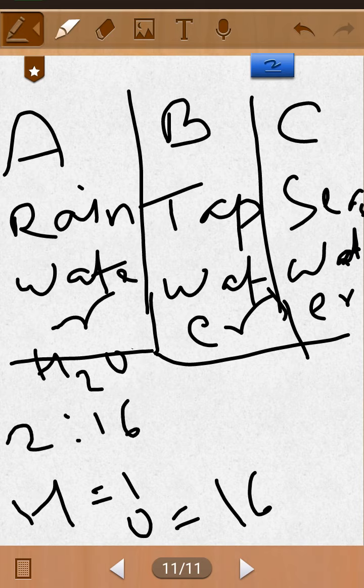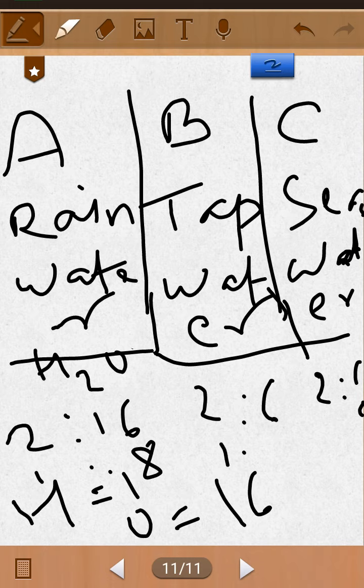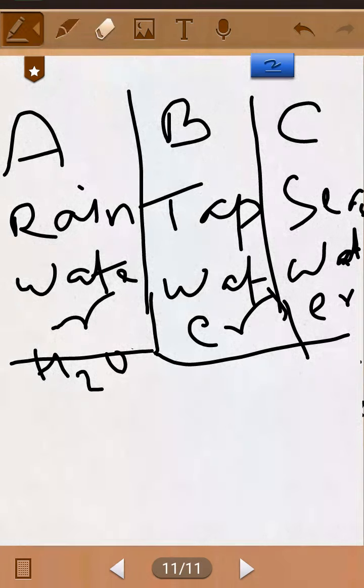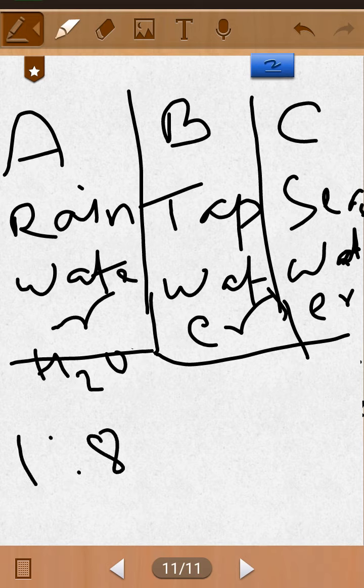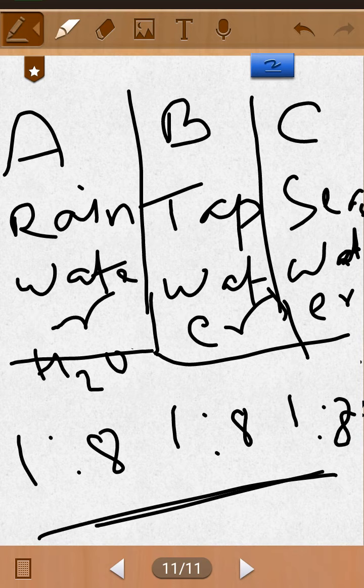It is also 2 to 16 in the others. That means 1 to 8, 1 to 8, and 1 to 8. All of them have the same ratio of hydrogen and oxygen, and the proportion is the same, 1 to 8.